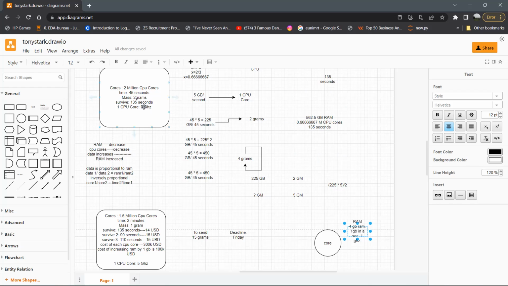Even in your laptops, you'll have cores, some will have 4 cores, 8 cores, and each core will have a speed. The speed is usually the same for all of the CPU cores, so one CPU core is 1 gigahertz.